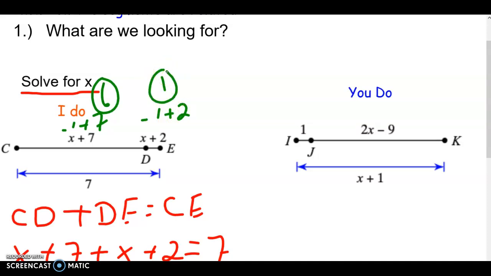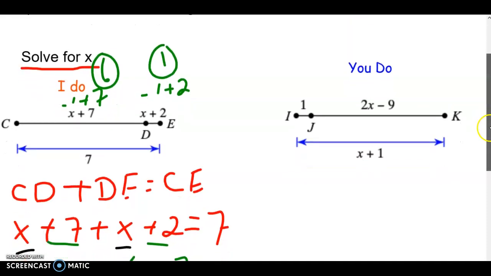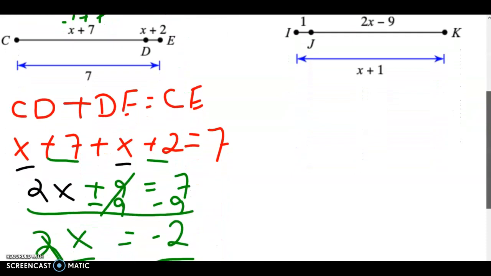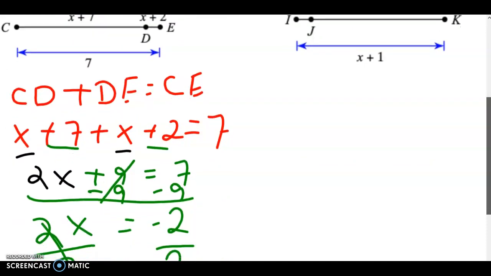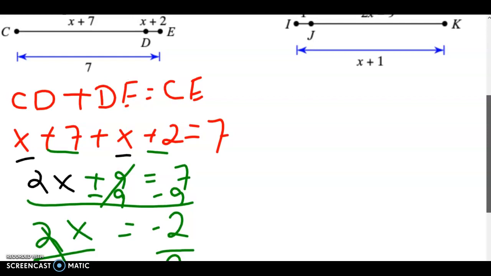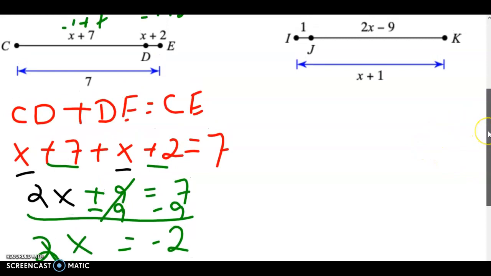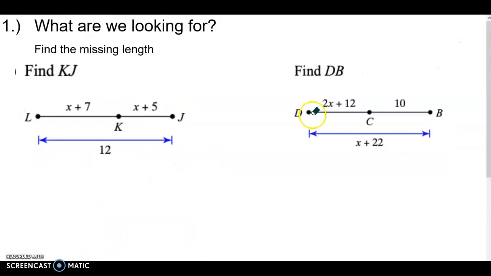So if I add 6 plus 1, do I get the length of 7? I do. Okay, I'm going to pull this down so you can see what I did. Here's my work, and you're going to do the problem next to it. So let's pull that down so you can see it. Okay, take a minute and solve that.